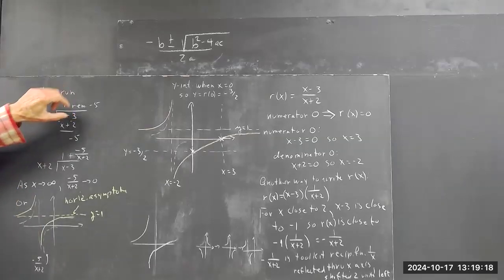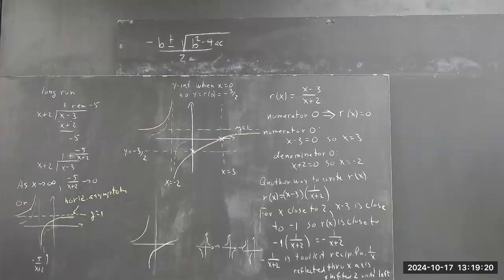We divide this into this, and we get 1 with a remainder of -5, which means that your quotient could be expressed as 1 plus -5 over x plus 2. You'd still divide the x plus 2 into the -5, which would give you -5 divided by x plus 2.